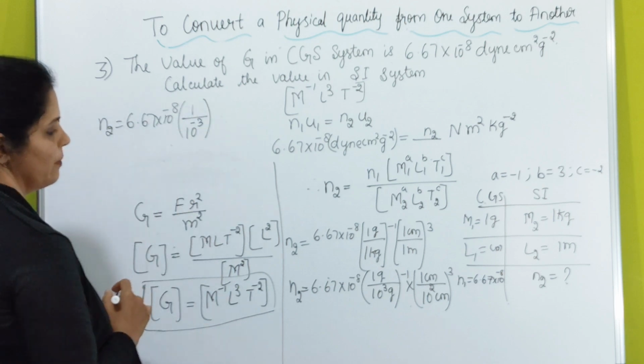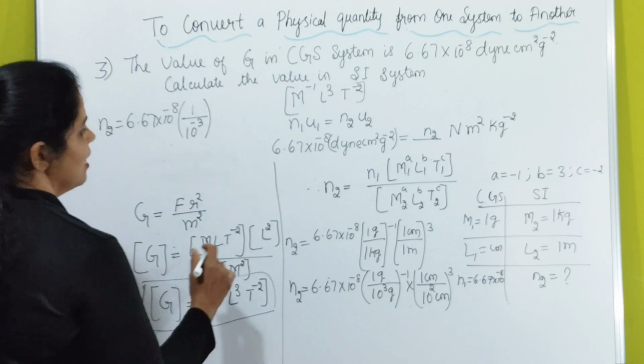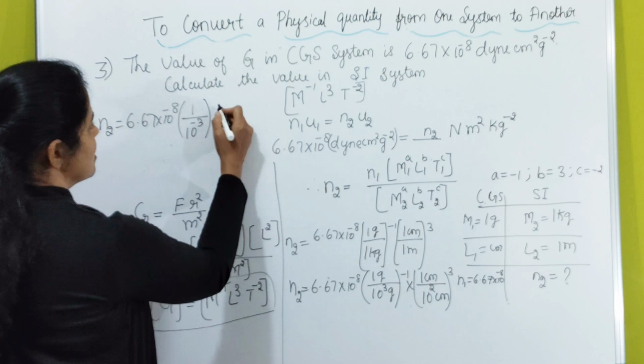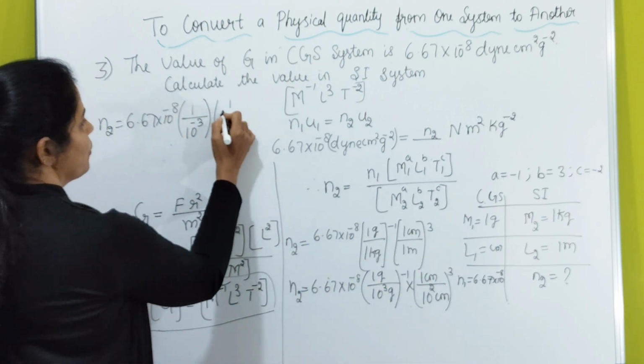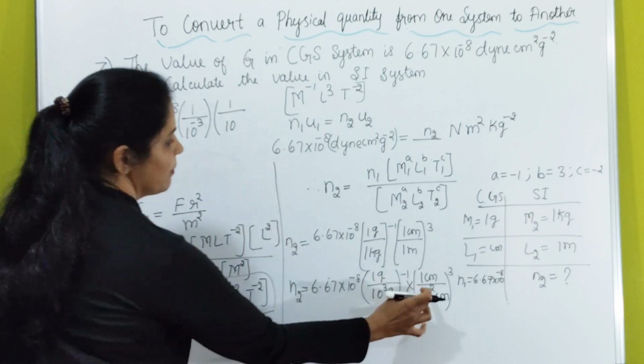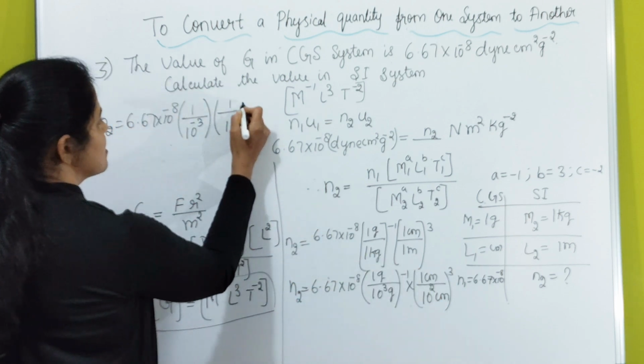I'll write it in the denominator as 10 to the power minus 3. And centimeter cancels, into 10 to the power 2 cube, which in the denominator means you multiply the powers, 2 into 3 is 6.